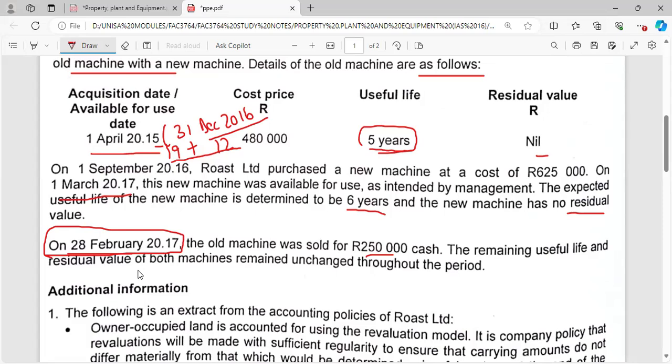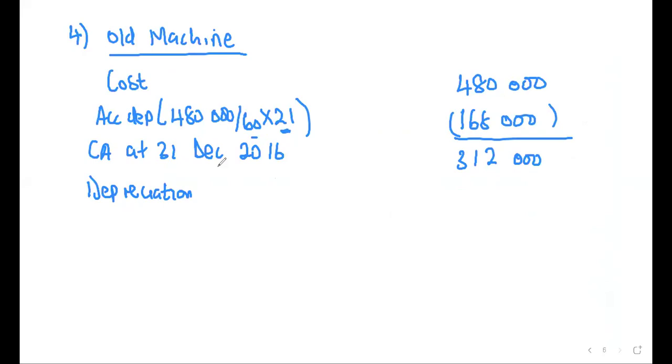So let's calculate the depreciation for this machine. It's only going to be for 2 months. So depreciation for the year is going to be 480,000. There is no residual value, so we say divided by 60 times 2.